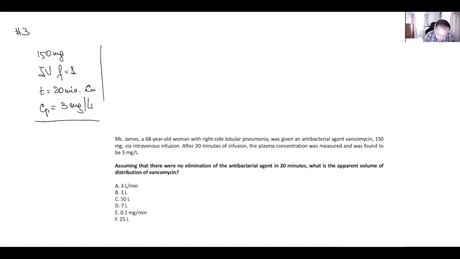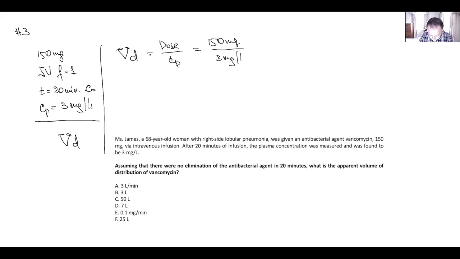So once again, the straightforward question. Volume of distribution, we can calculate it as dose over plasma concentration, and this will be 150 milligrams divided by 3 milligrams per liter, and this will correspond to 50 liters, right? Because you're crossing out milligrams and getting the answer in liters.